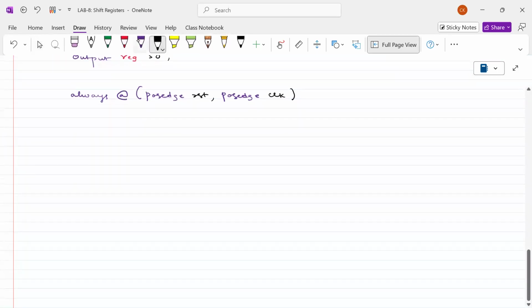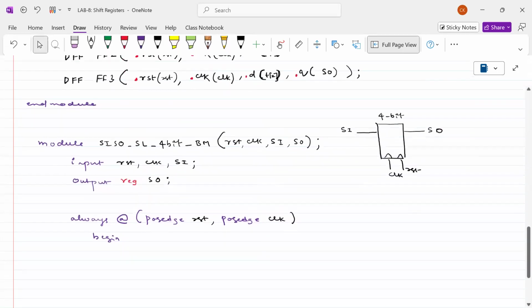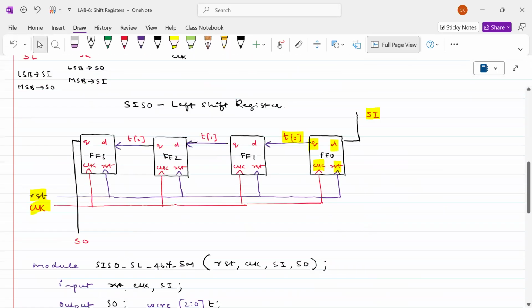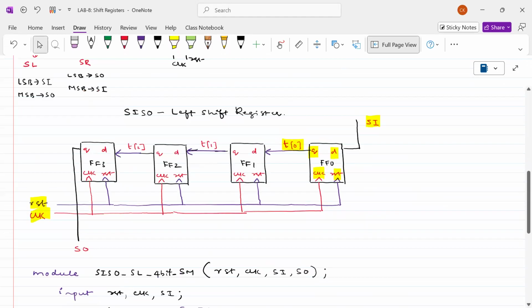Let's begin. How can we write this one? Look at this diagram. Whenever there is a positive edge of the clock, if of course RST is there, definitely all outputs, all the flip flops will be zeros. Okay, that's what we can write.